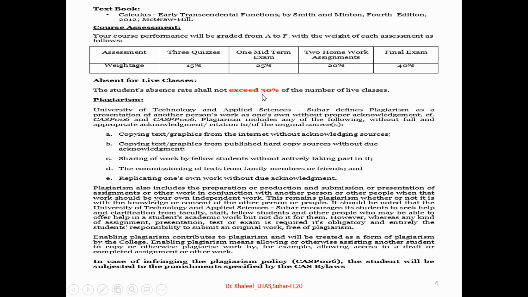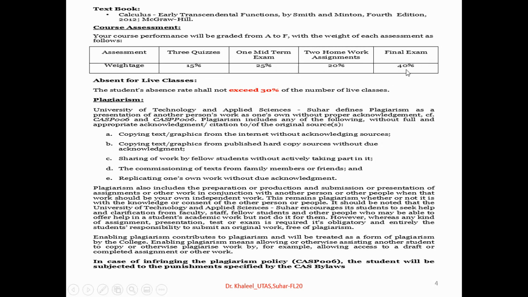If you remain absent for 5 live classes, you will not be able to appear for the final examination. So please remember, up to 4 classes you can miss. If you miss the fifth class, it will exceed 30%.